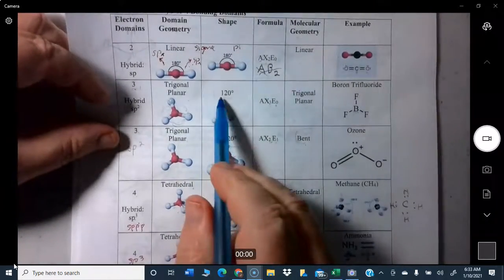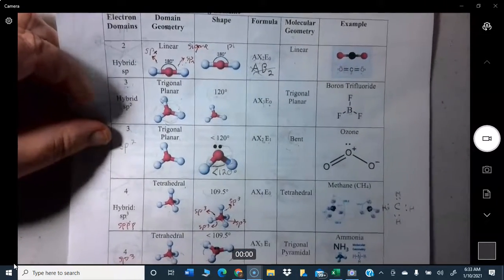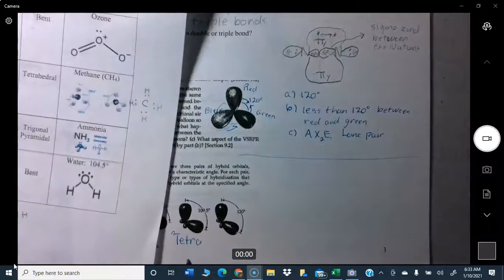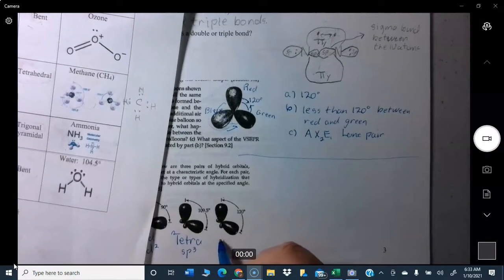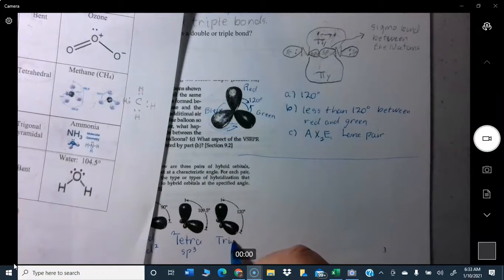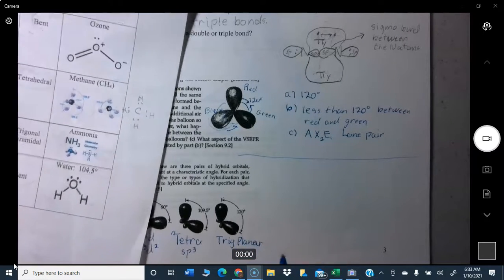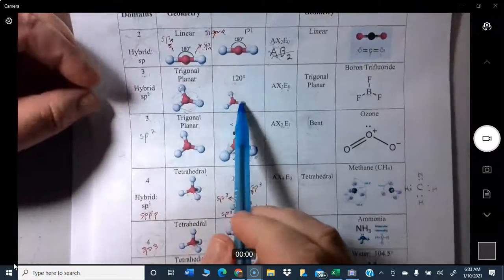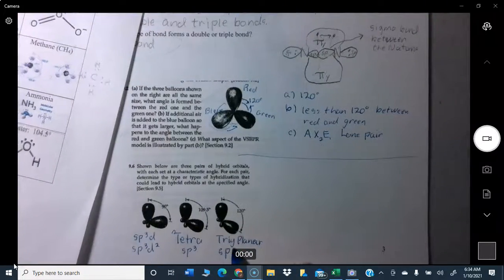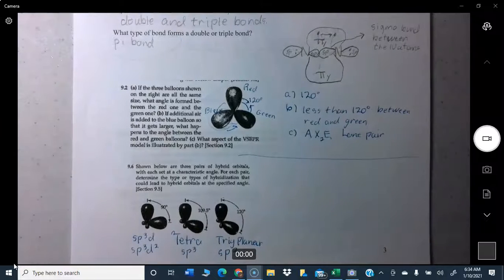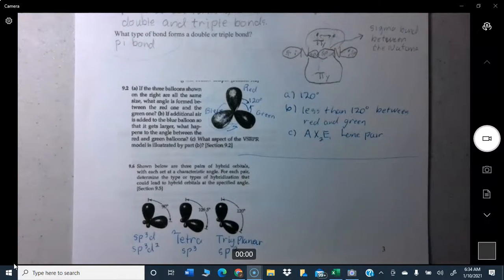And finally, 120 is what we just talked about. This one up here is trigonal planar. I wrote tetra, I should have written sp3. And this one, I'll write the name, but they asked for the hybridization. Trigonal planar, right here, and that's sp2. And that's all you need to do for these questions. You don't need a long explanation as long as you understand it.